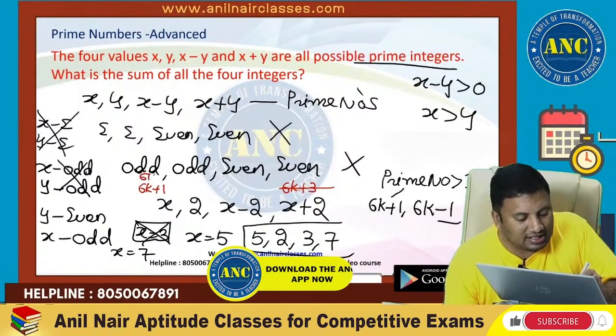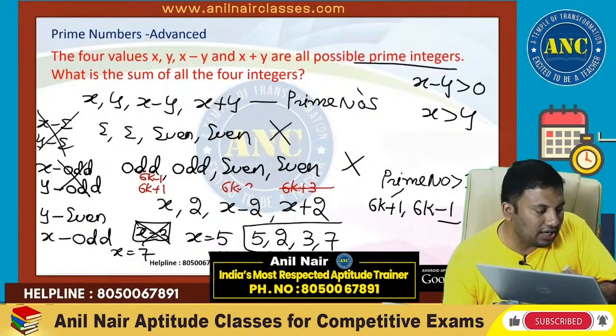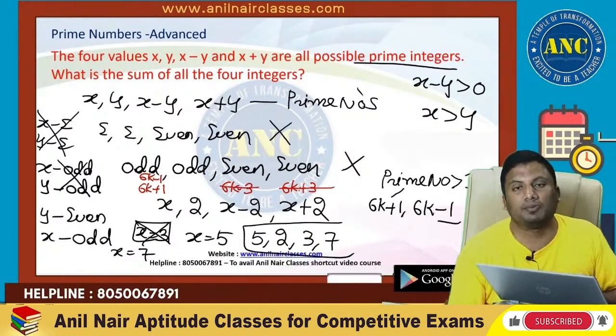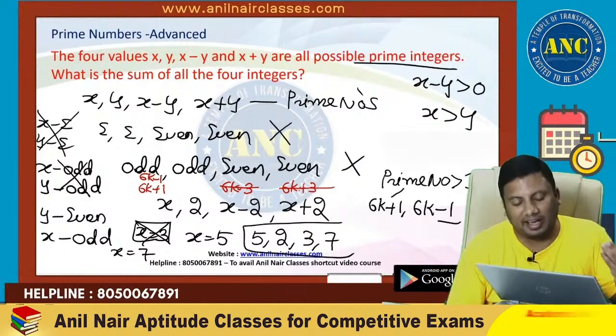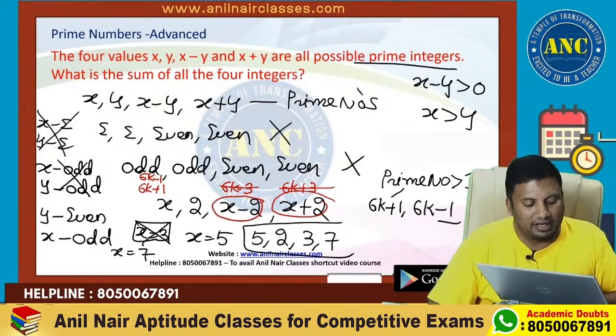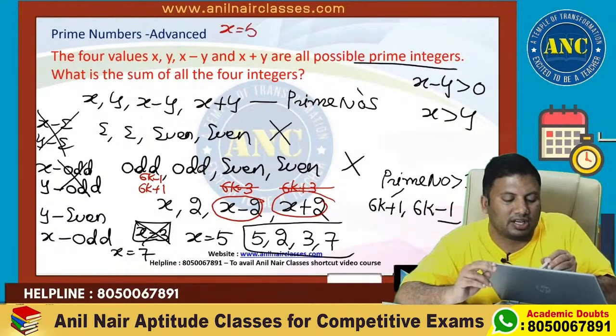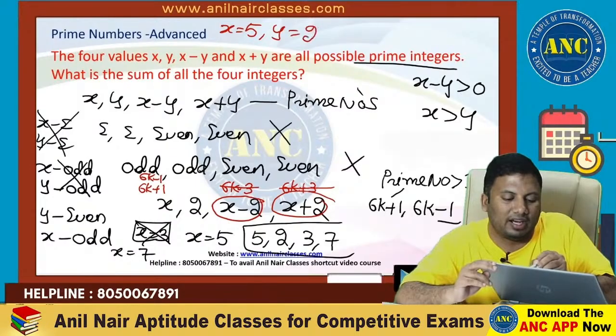If I take 6k minus 1, then 6k minus 1 minus 2 is 6k minus 3, which is divisible by 3. So after 5, any number, one of these will be divisible by 3. So the only value which will satisfy is x value 5, y value 2.